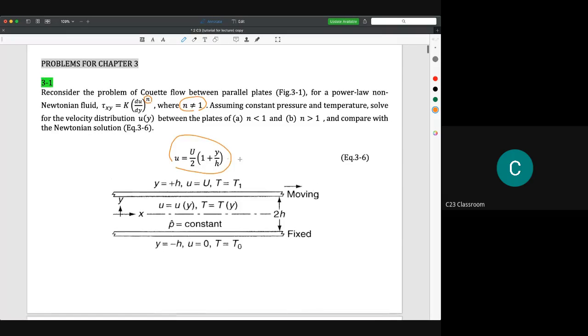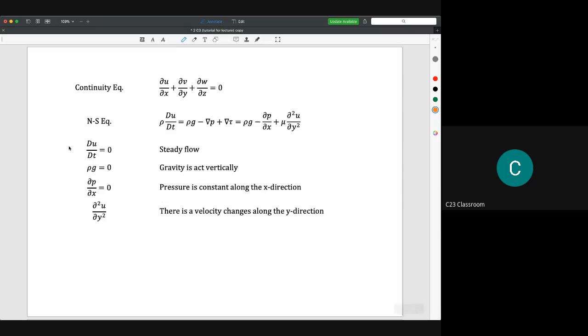So this is the equation of 3.6. First we need to prove the equation. Okay, so from the continuity equation, we have this one, du/dx plus dv/dy plus dw/dz. And then this is the Navier-Stokes equation for Cartesian coordinates.